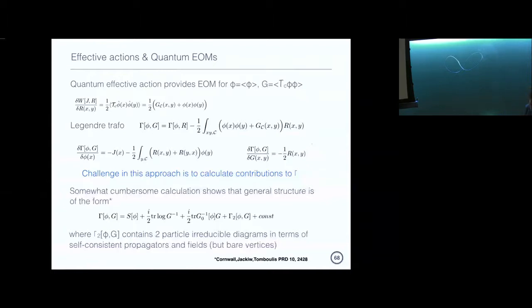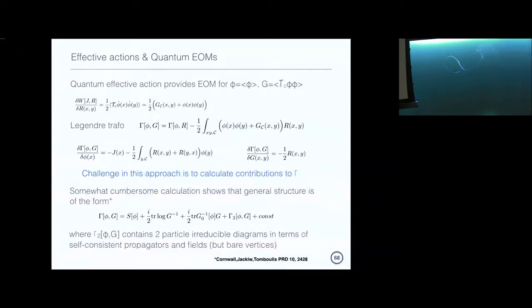But the point is that in the diagrammatic expansion of this Gamma 2, if I look at a diagram like this, what will appear here is no longer just the free propagator in the presence of the background field, but all these corrections to the equations of motion will be computed in terms of the self-consistently determined propagator, the self-consistent Green's functions, which are the solutions of the equations of motion. Okay?